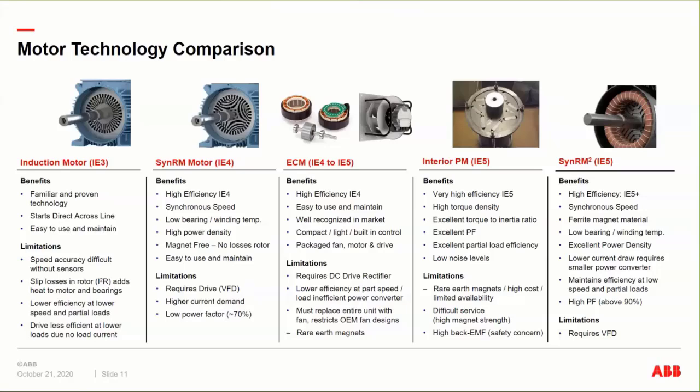You don't have to replace the entire unit like you have on these integrated units. There's benefits there. They're high efficient. They're easy to use and maintain, and they're well recognized in the market. And they're compact, and they're a good design. But I'm just showing you the differential. We think we have a wider efficiency operating range, plus more serviceable with the discrete components.